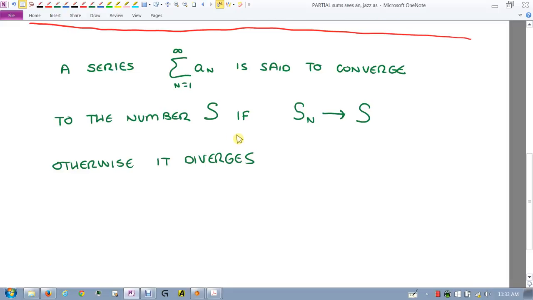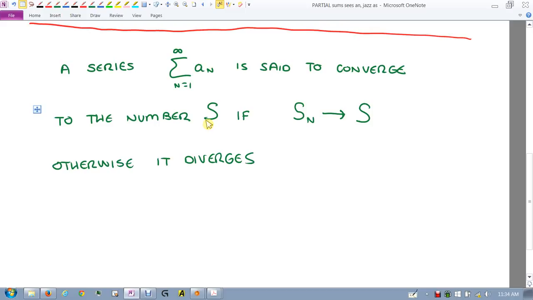All right, so when we talk about series and their convergence, everything is really much determined by what's happening in here. We're going to be looking at the sequence and the way the sequence behaves, trying to come up with this capital S, this number that it goes to.